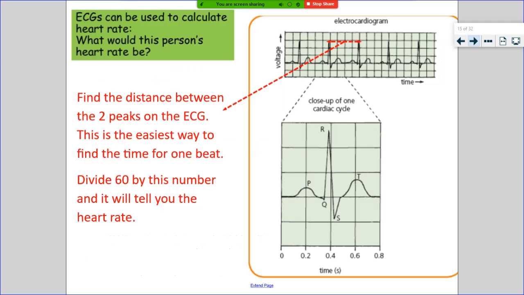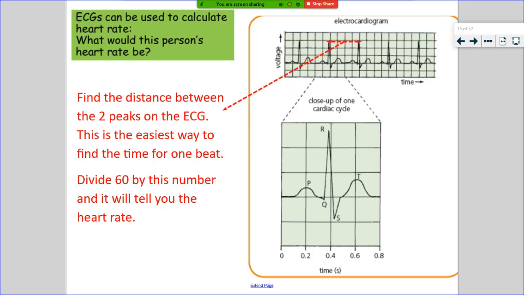So you might be asked to calculate somebody's heart rate from an ECG. My advice would be, look at the cardiac cycle, look at the PQRS wave, and find the points that are easier to read, and measure the distance between those 2 points. If you take a look at the top here, we've got the PQRS wave there, and then the PQRS wave there.